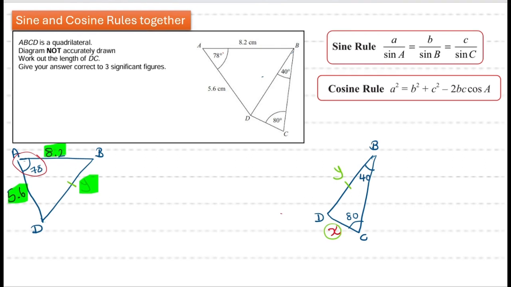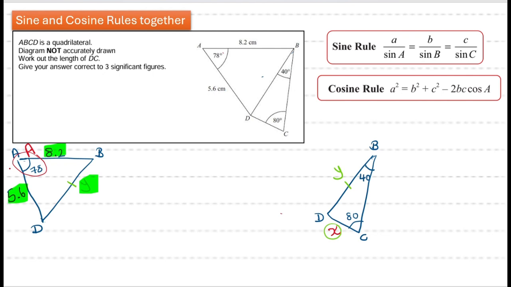But in order to use the formula for the cosine rule, we first need to identify which side in the triangle represents which letter in the formula. And we know that the angle in the triangle always represents the capital letter A in the formula. So we are going to write capital letter A for the angle of 78 degrees. And we also know that the side opposite angle A represents the lowercase letter a.